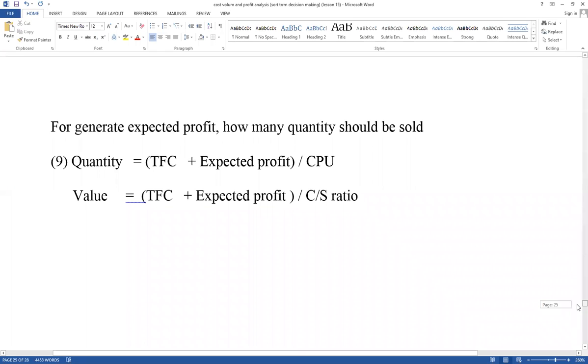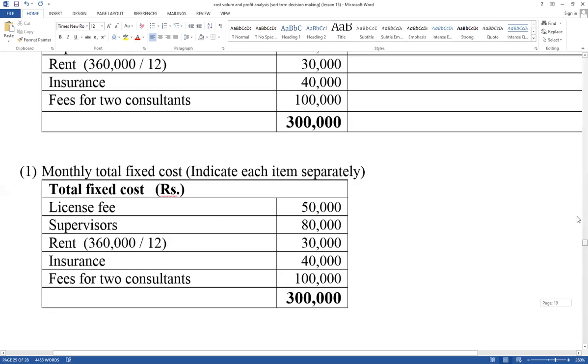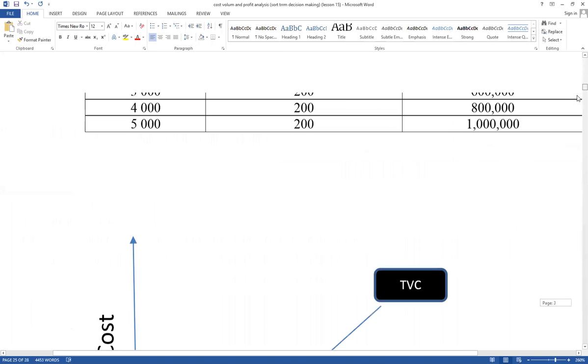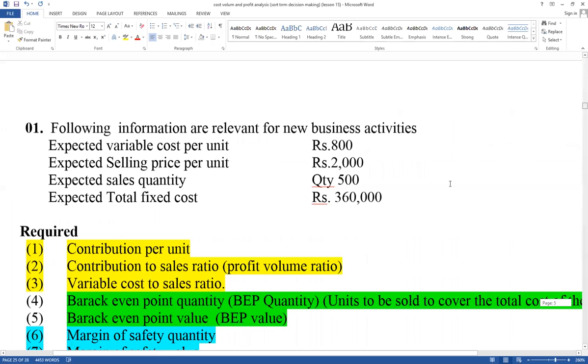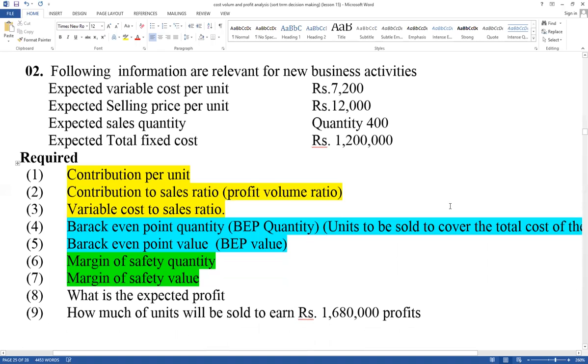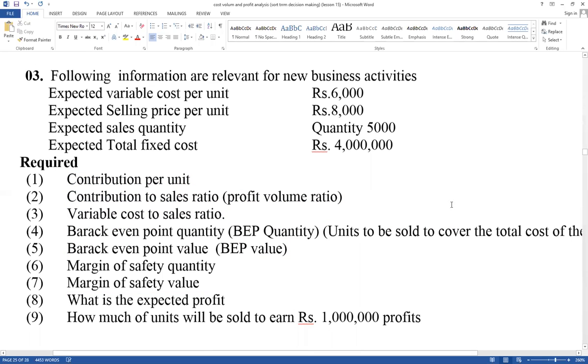Now I am going to discuss how to draw traditional break-even point charts and profit volume charts as well as contribution break-even point charts. They ask in the paper, you have to know how to draw.